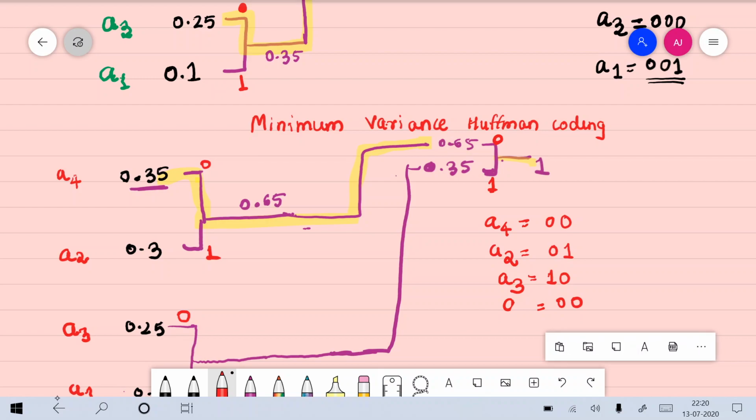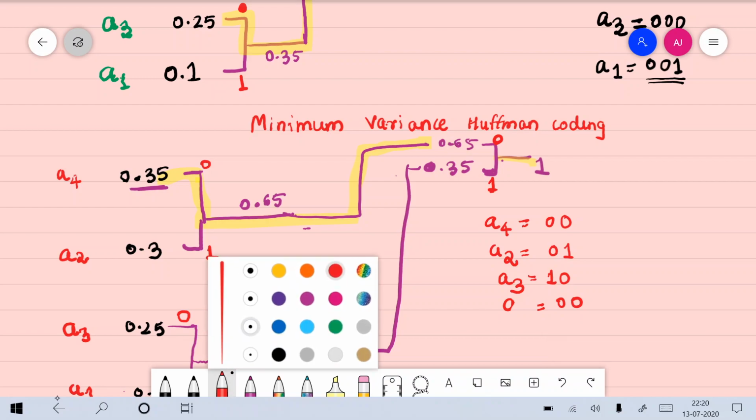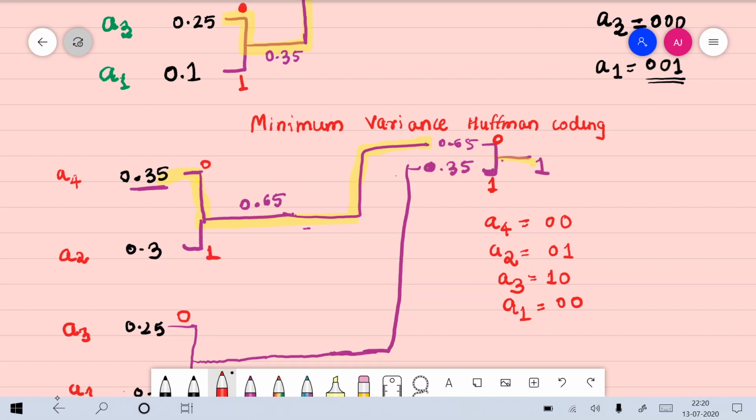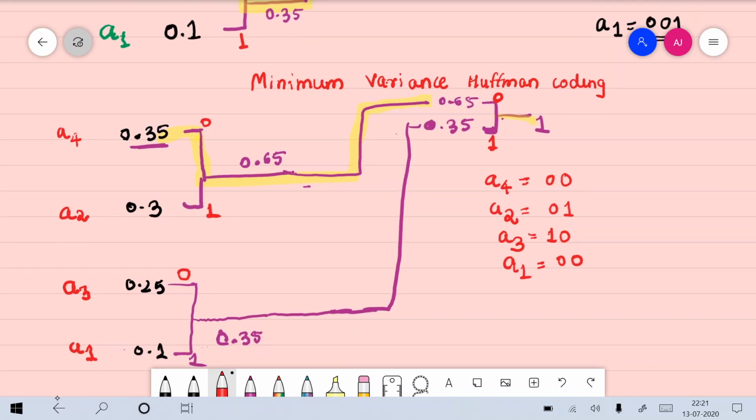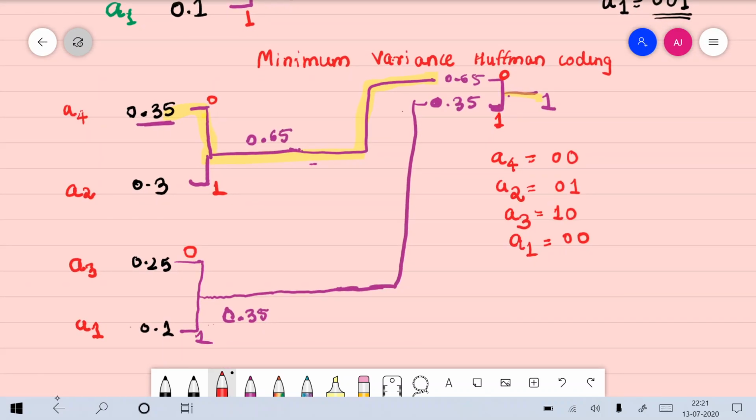This should be A1. I have written the code also wrong. I would have made blunders, so let me correct it here. I hope all of you watch the video till the end, because you can point out the mistake. A1 is here, so you have this one and one. So A1 will be 1 1.